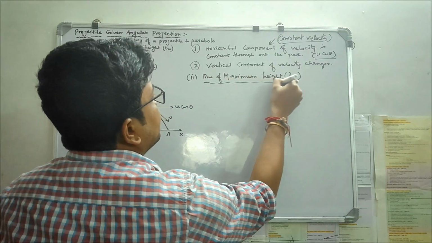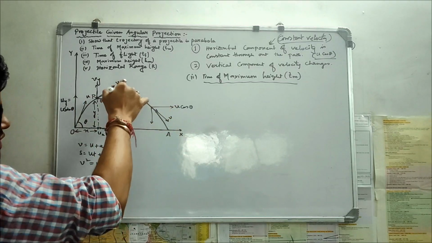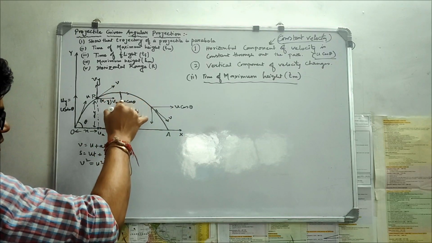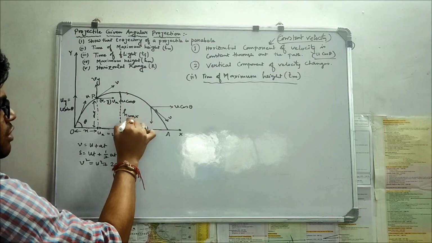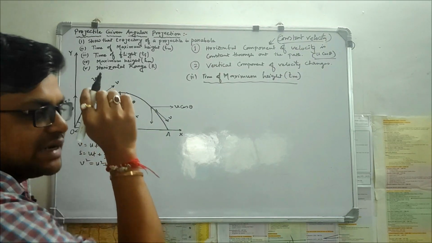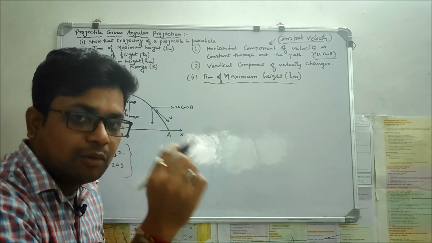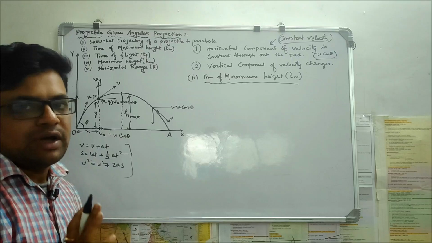In the projectile motion, this is the maximum height, hmax, from here to here. So how much time will it take for an object to reach from here to here? That I want to calculate.